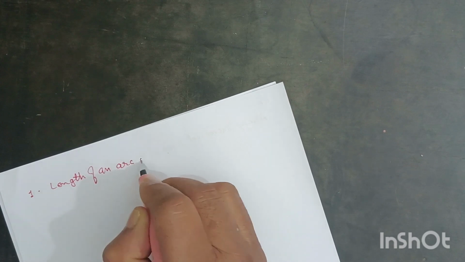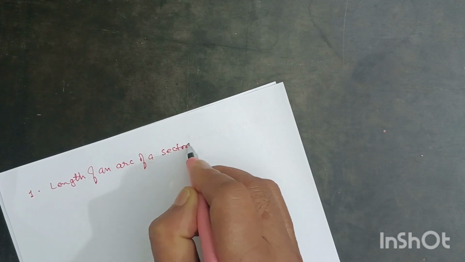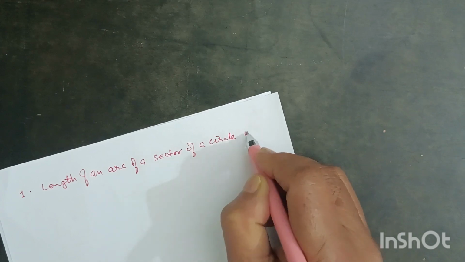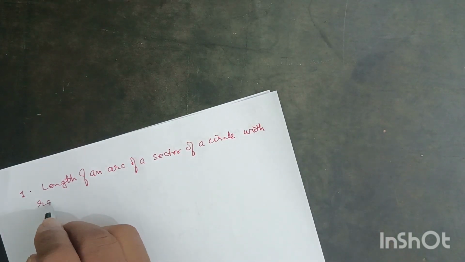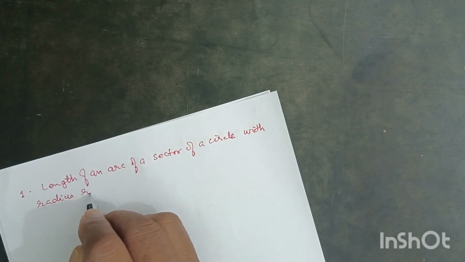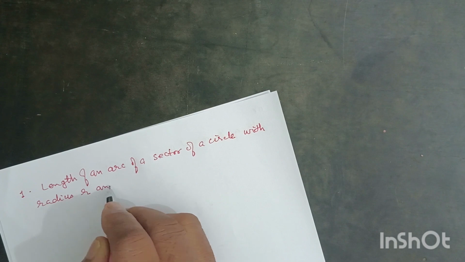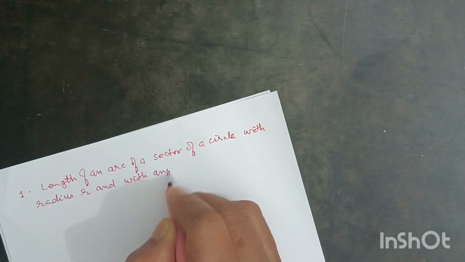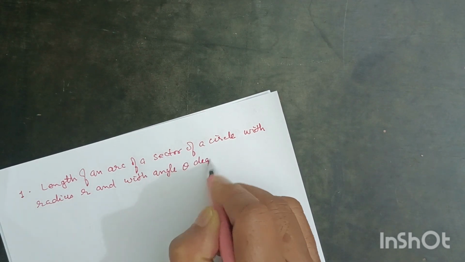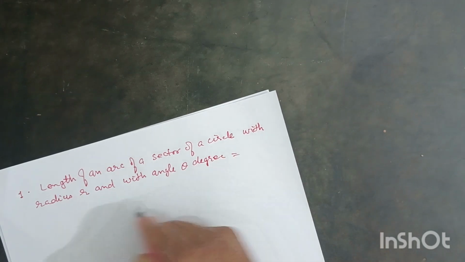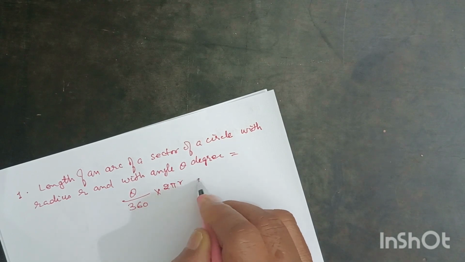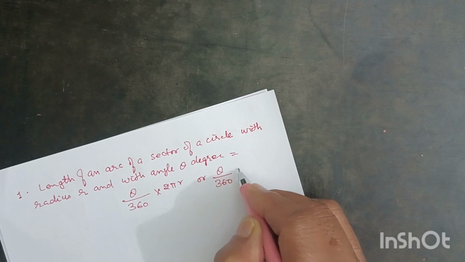Length of an arc of a sector of a circle with radius r and with angle theta degree is theta upon 360 into 2 pi r, or theta upon 360 pi into d.